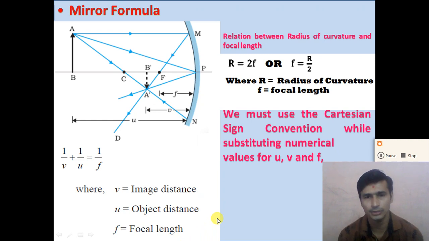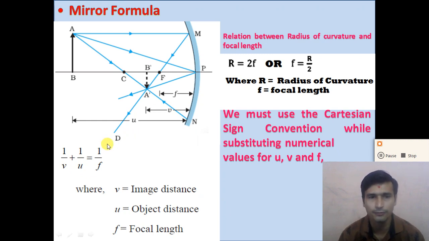So dear student, when the mirror is made, its focal length is fixed, right? We cannot change its focal length. So for different object distances, we can easily calculate the image distance v, right?